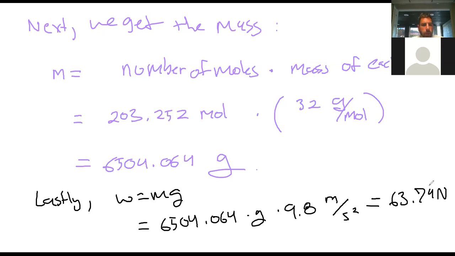And then if we want, we can say, what is that in pounds? And when you do that, you're left with approximately 14.33 pounds. Again, provided we didn't make an error anywhere.